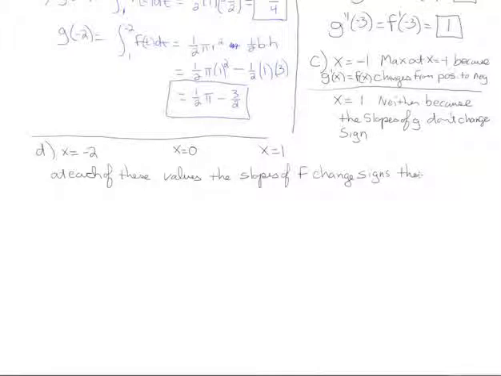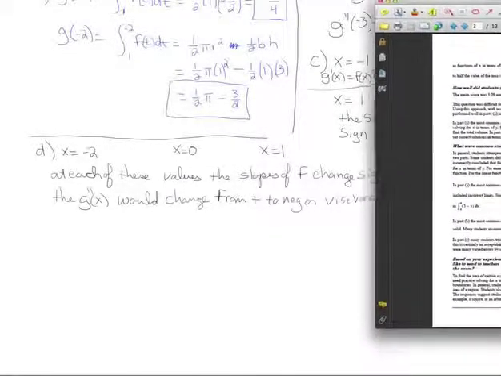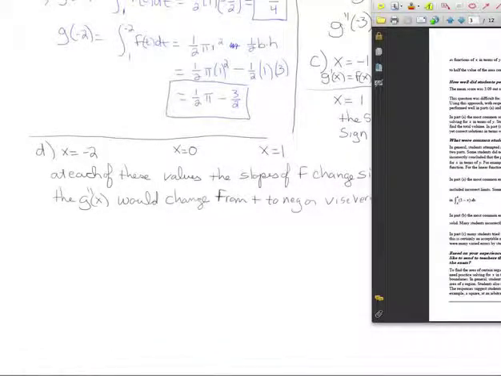And again, that's probably enough, but let's just say, therefore, the second derivative of g would change from positive to negative, or vice versa. Again, not a great explanation, but good enough. Alright, so let's pull up the scoring guide, or if I can find it.